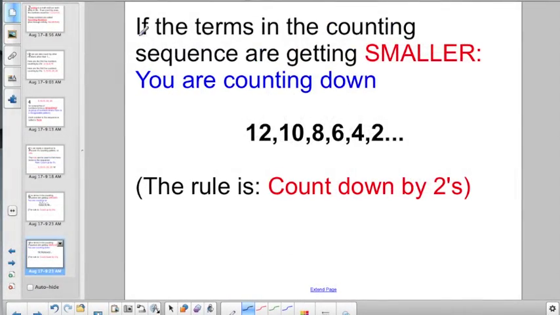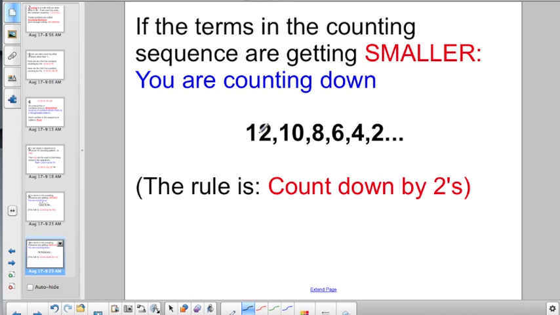So if you understood if the numbers were getting bigger, here's just the opposite. If the terms in the counting sequence are getting smaller, you are counting down. Here I'm starting with 12 and going to 10 and then 8 and then 6, right? The numbers are getting smaller, so I know I'm counting down.